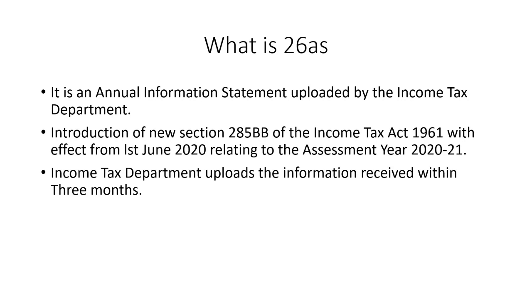The Income Tax Department uploads this information within 3 months from the date of filing the quarterly returns by the tax deductor, tax collector, and also advance tax paid by the assessee or the taxpayer.